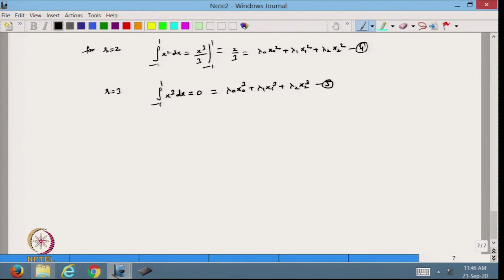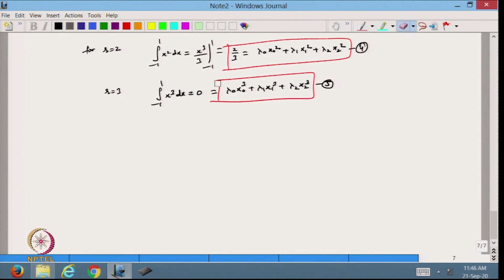So, this is equation number 5. Then for r is equal to 4, this will be the integral from minus 1 to 1 of x to the power 4 dx, which is 2 by 5.